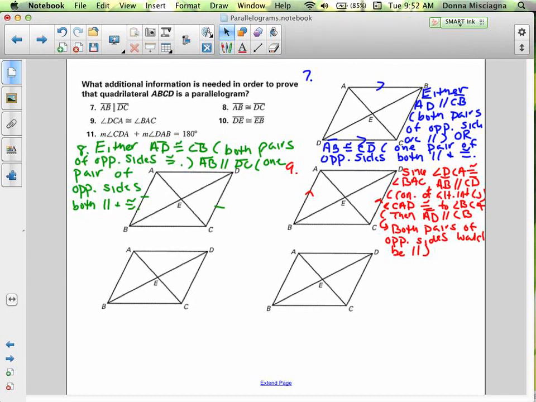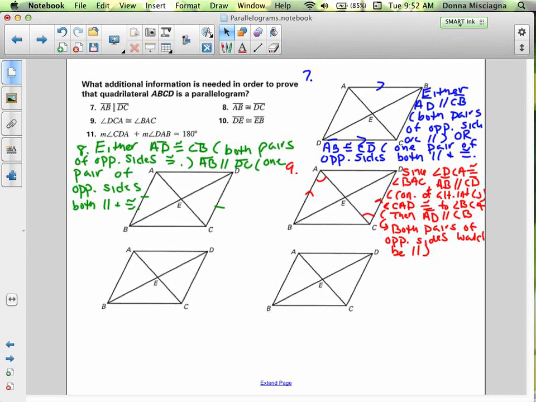All right, so let me just go over that one more time. Since angle DCA is congruent to angle BAC, AB is parallel to CD, and that would be using the converse of alternate interior angles.